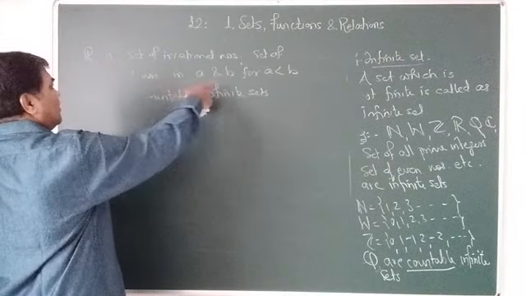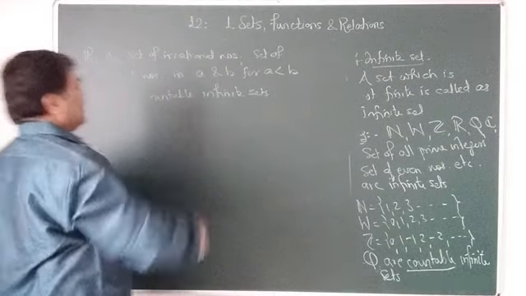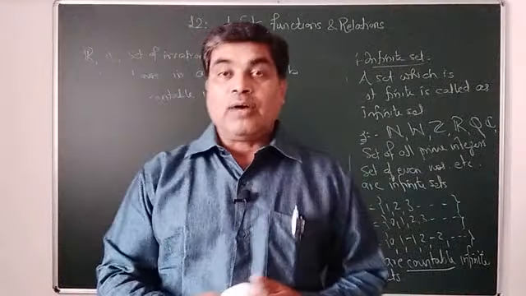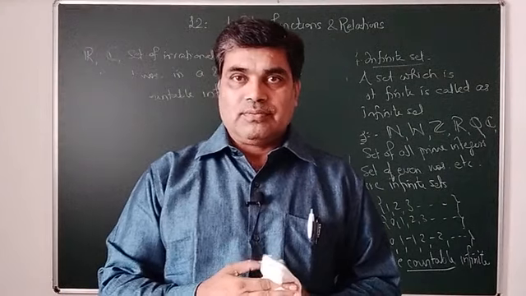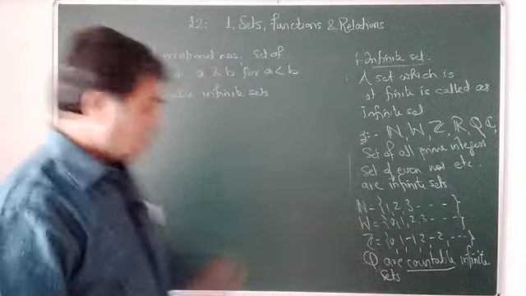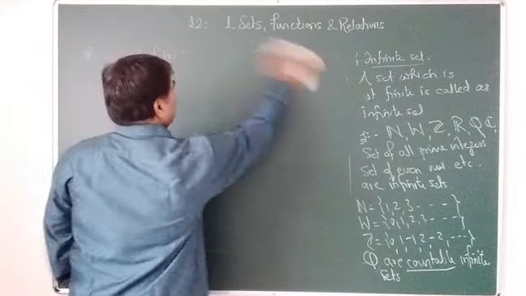So as here I have written the set of all real numbers between a and b for a less than b, how do we write that set now? That is the problem. For that we have to study intervals.